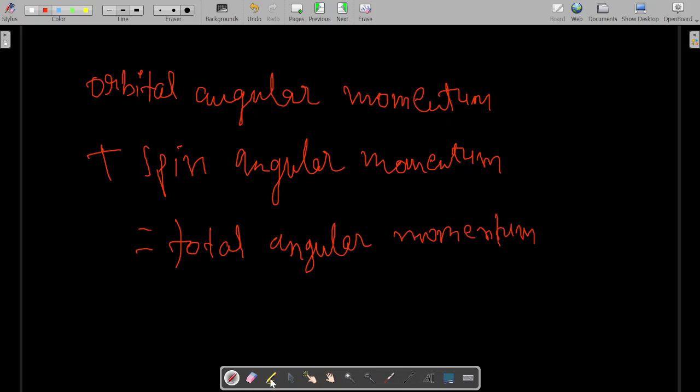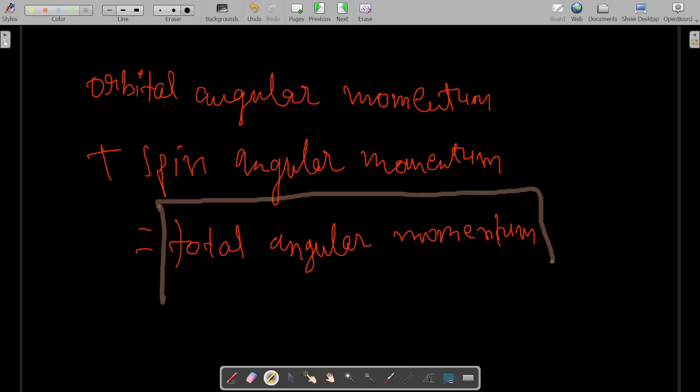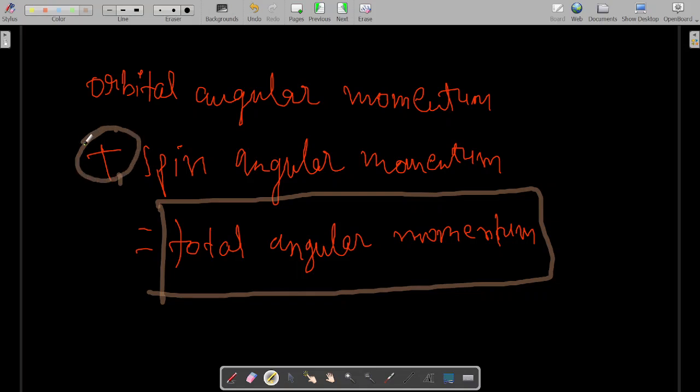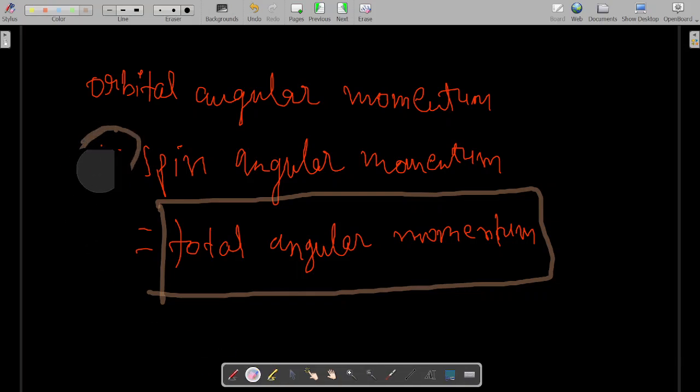Your total angular momentum will be a combination of these two things. Now it is not necessary that they will simply be added. This plus sign doesn't mean they are added.